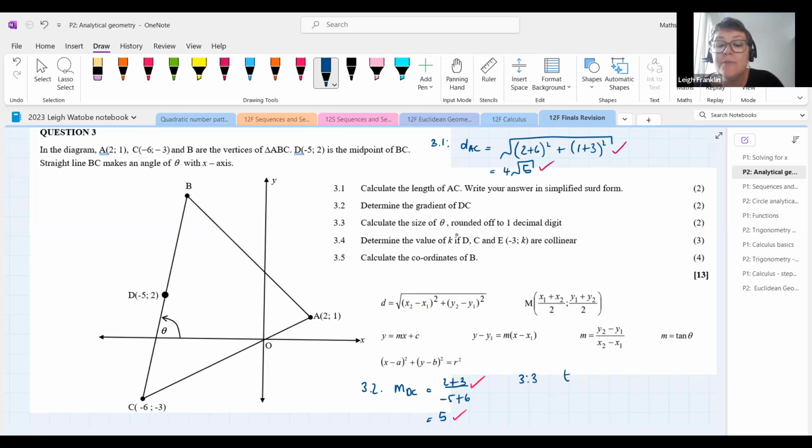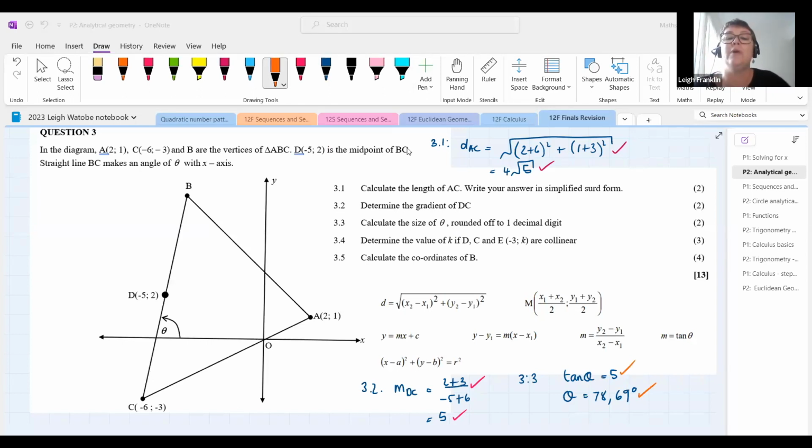So if tan theta is equal to 5, it means that theta has to be an acute angle. So I also got 78,69 degrees, as so many of you have sent through to me. Okay, and again, a mark for subbing into tan theta equals gradient, and a mark on your answer.